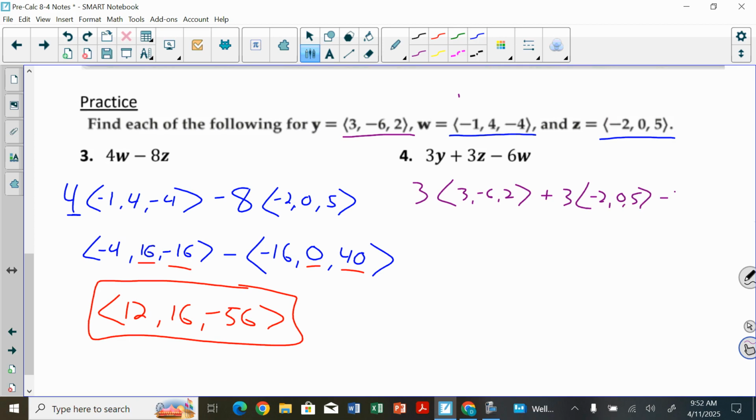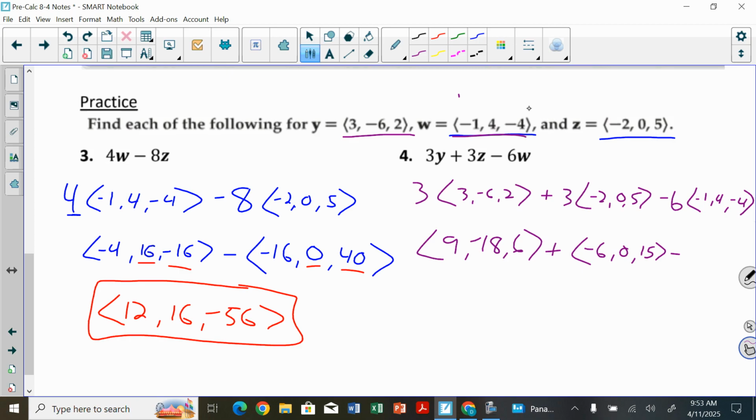And then -6 times our w vector here, -1, 4, -4. All right, so let's multiply them first. Scalar multiplication tells us that this is going to be 9, -18, and 6, plus this one's going to be -6, 0, and 15.